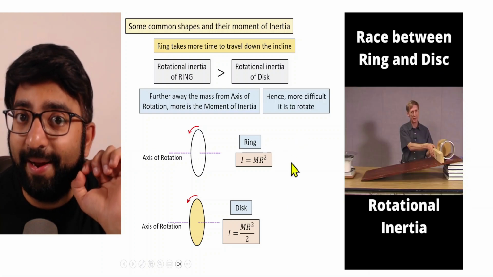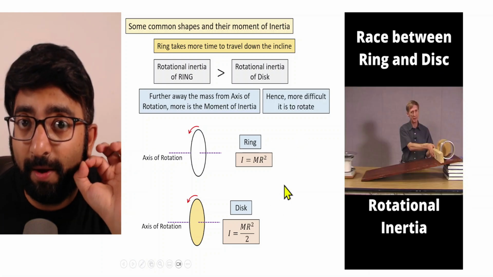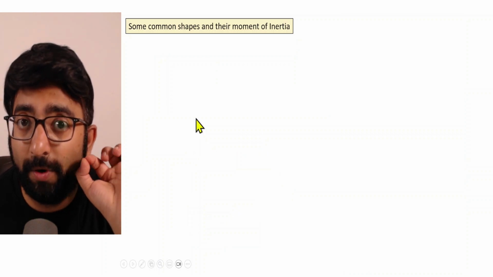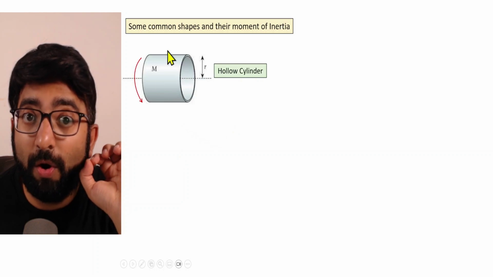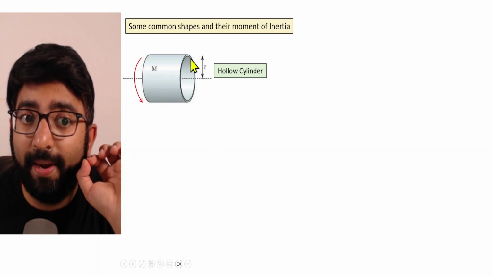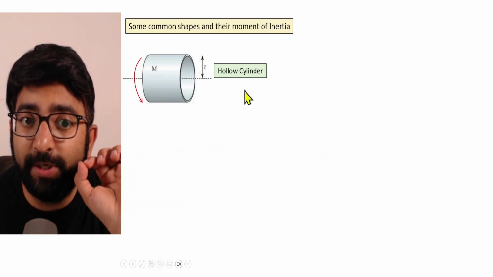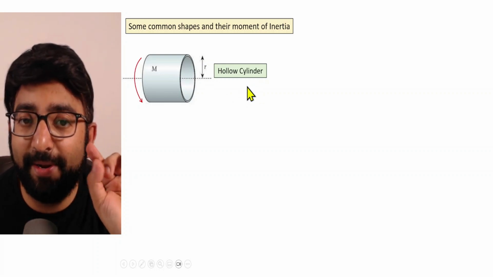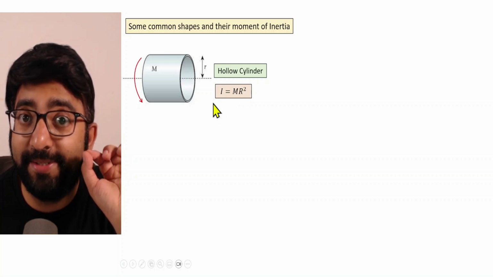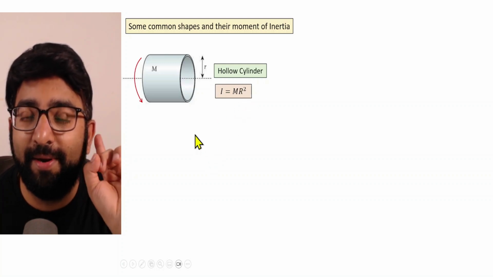Now, apart from ring and disk, there are other shapes which we have to consider in this particular chapter of rotational mechanics. So the next object is a cylinder. So it's a hollow cylinder having mass M and radius R. Moment of inertia for a hollow cylinder is equal to the moment of inertia for the ring, which means moment of inertia is MR square for a hollow cylinder.